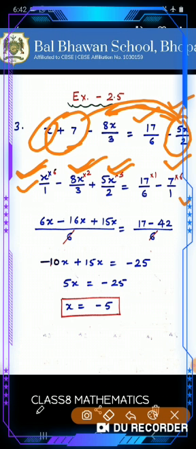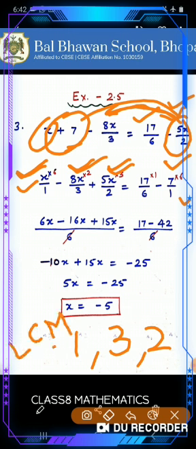And you know how we can add or subtract more than one fraction? Yes, by the LCM method. So we'll take the LCM of all three denominators of these fractions: 1, 3 and 2. Children, do you know what the LCM of these three denominators is? Yes, the LCM is 6.